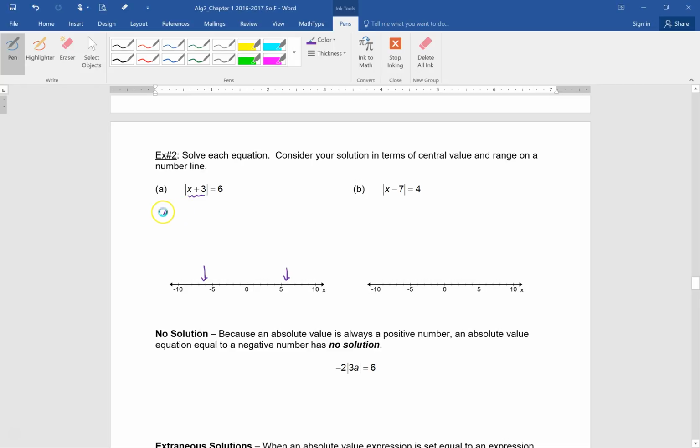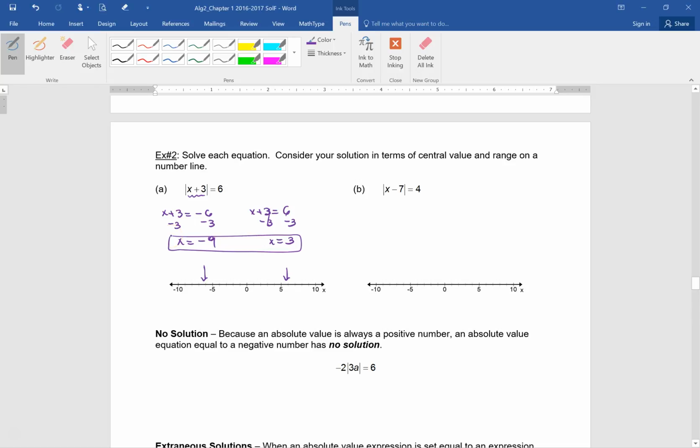So I say x plus 3 is equal to negative 6. x plus 3 is equal to positive 6. Now, I subtract 3 from both sides. I get that x equals negative 9. I subtract 3 from both sides. I get that x is equal to 3. So here we go. I have two answers.